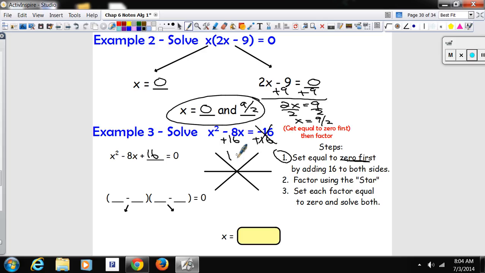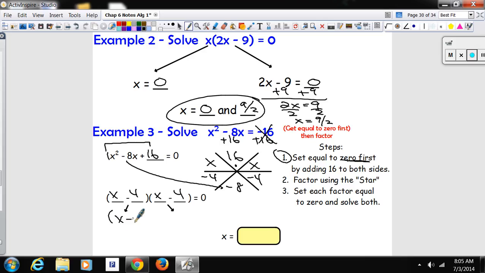You'd put the 16 on top, because 1 times 16 would be 16. You'd put the negative 8 on the bottom, x and x. Negative 4 times negative 4 is 16, and negative 4 plus negative 4 is negative 8. So you're going to get x minus 4 and another x minus 4.